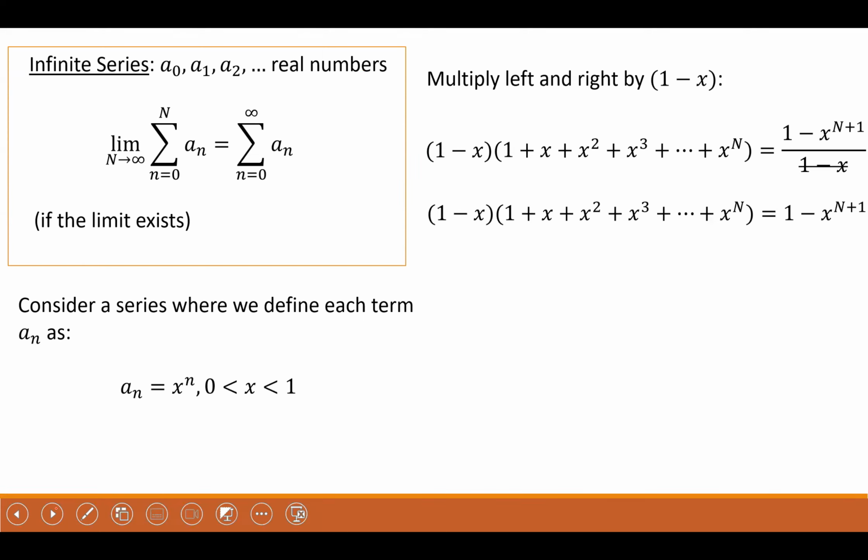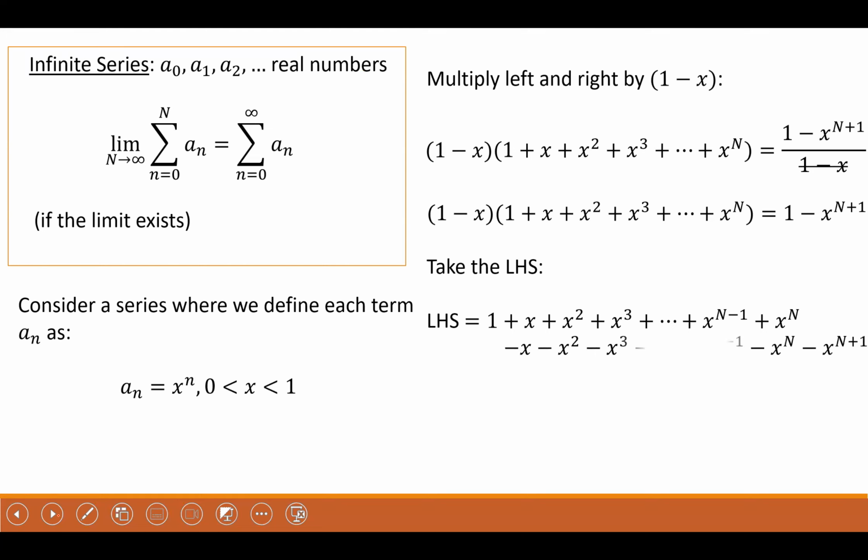So what does that give me? Well, I'm going to take the left-hand side. So if I take this one and multiply it times everything in the brackets, then I get this top of the left-hand side here, all the way up to x to the power n. And then added to that, I'm going to multiply every term by negative x.